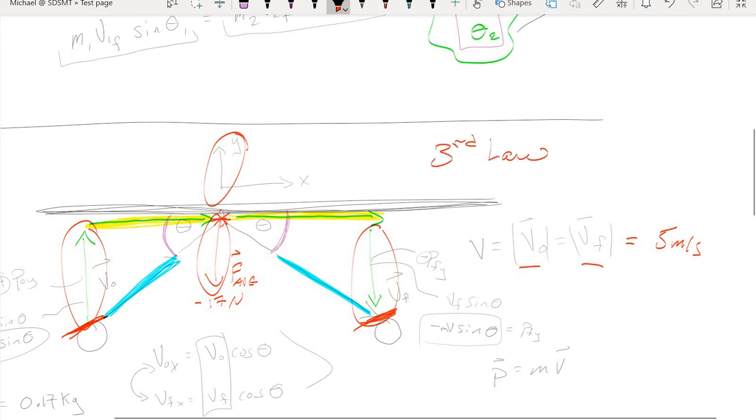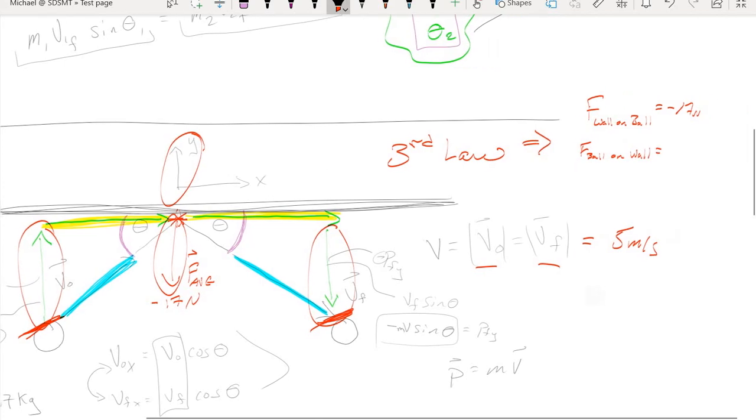And we can answer this very easily by using Newton's third law, which says that for every force, there must be an equal and opposite counterforce. If the force of the wall on the ball equals negative 17 newtons, there must be an equal and opposite counterforce that we can call force of ball on wall.